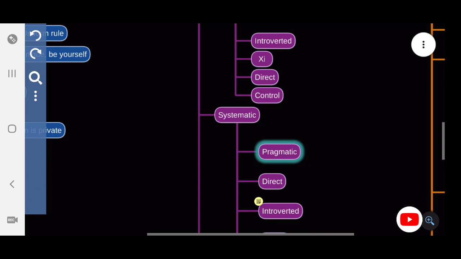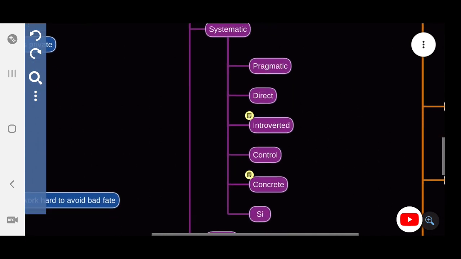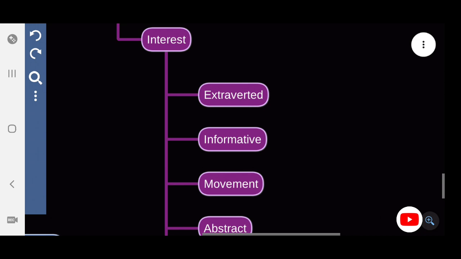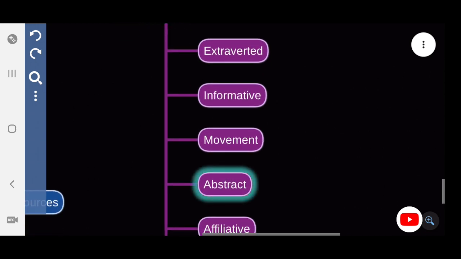For example, in the military we have a system of a targeted enemy to attack, which seems like a more pragmatic approach to complete a mission, and there's just one goal, which is to defeat the enemy. That's it. It's very direct and very introverted, controlling, very Si and all that. It's very specific, unlike the interests of someone, where we have multitudinous interests. That's why it can also seem quite abstract, because we cannot really guess what other people really want.